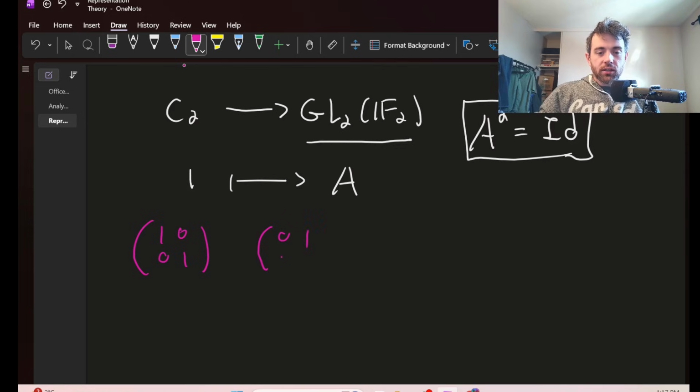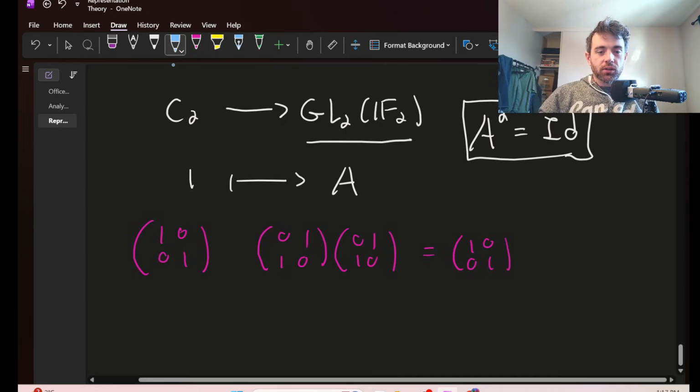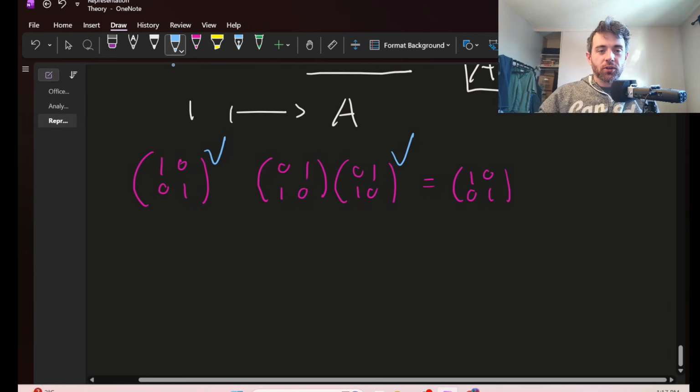We could take this twisty boy matrix, and let's see what happens when we square it. It will work out to being the identity. So good, maybe I'll put a little check mark here. Both of those matrices work.